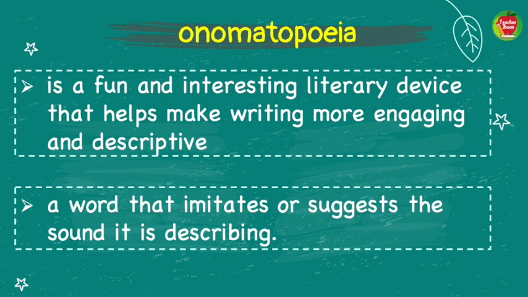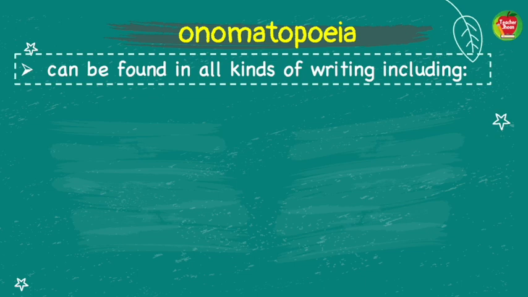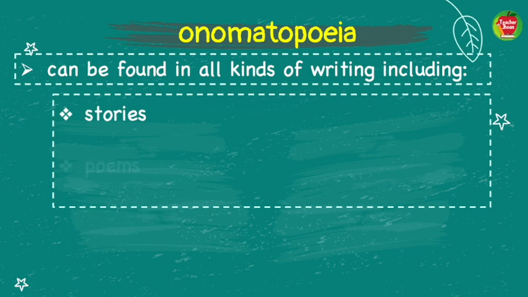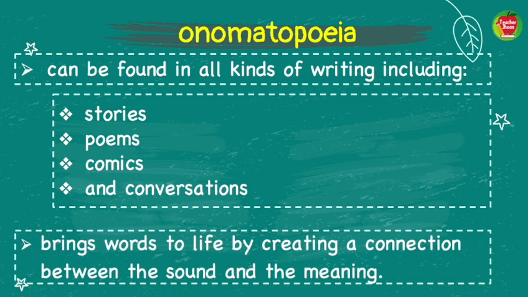It is a word that imitates or suggests the sound it is describing. It can also be found in all kinds of writing, including stories, poems, comics, and even in our everyday conversations. It also brings words to life by creating a connection between the sound and the meaning.